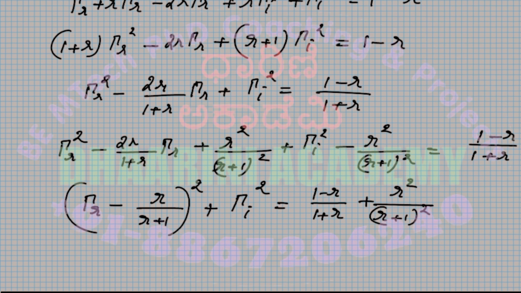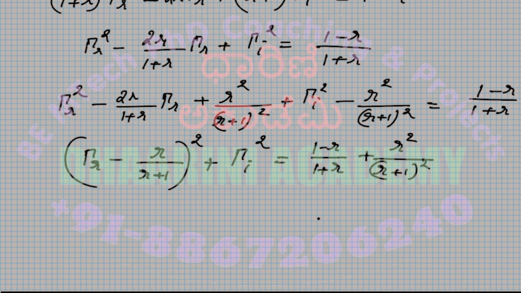So now let me calculate this. Can we simplify this further? Yes, I guess. So let me take (r plus 1) whole square in the denominator. Numerator becomes (1 plus r) into (1 minus r), 1 minus r square plus r square. r square cancel.